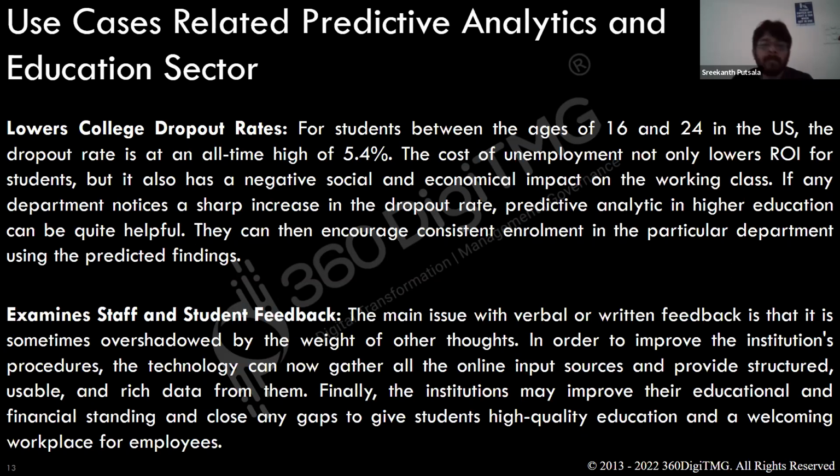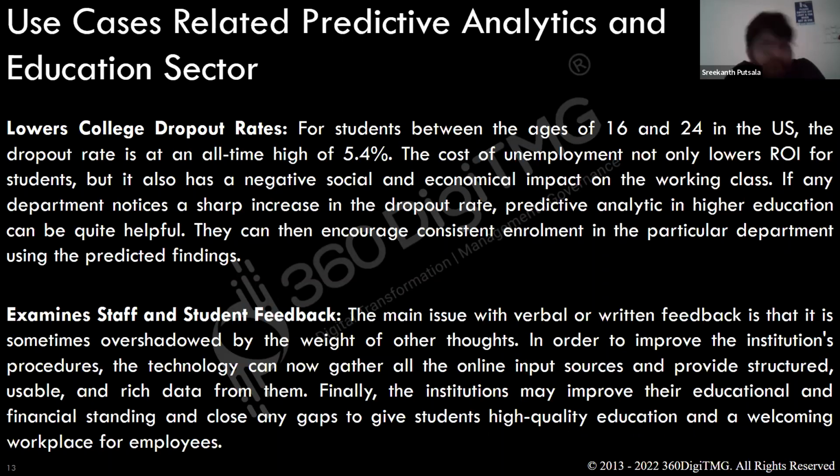I can create a model where I can recognize what is happening with the students' dropout rate. I am going to keep looking into it every month, maybe. By looking into this data, if I see a sudden drop, we can take certain measures and prevent it. It's a use case that we can see very clearly.